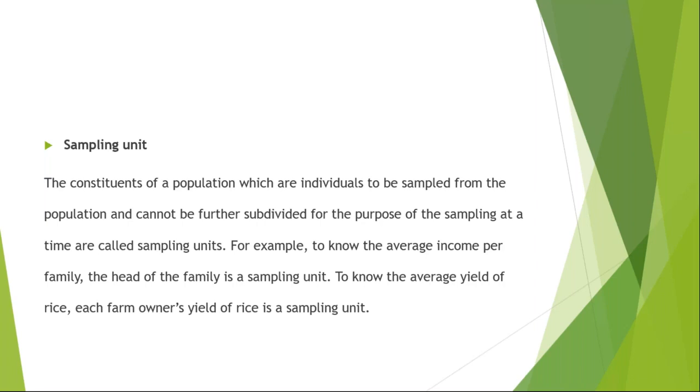You cannot divide that one person further. You're not going to split the person into two. So the smallest indivisible portion of a sample is referred to as a sampling unit. Remember, like I said, this is actually done when the population is finite.